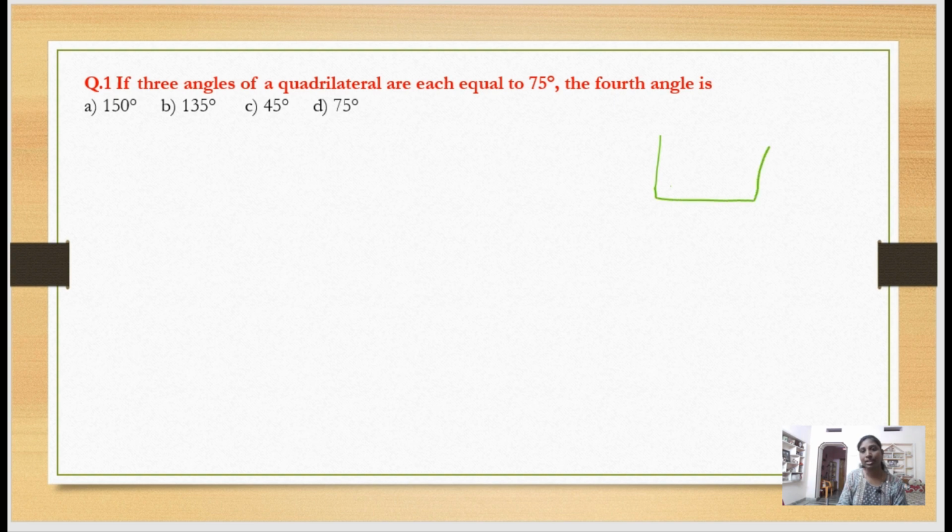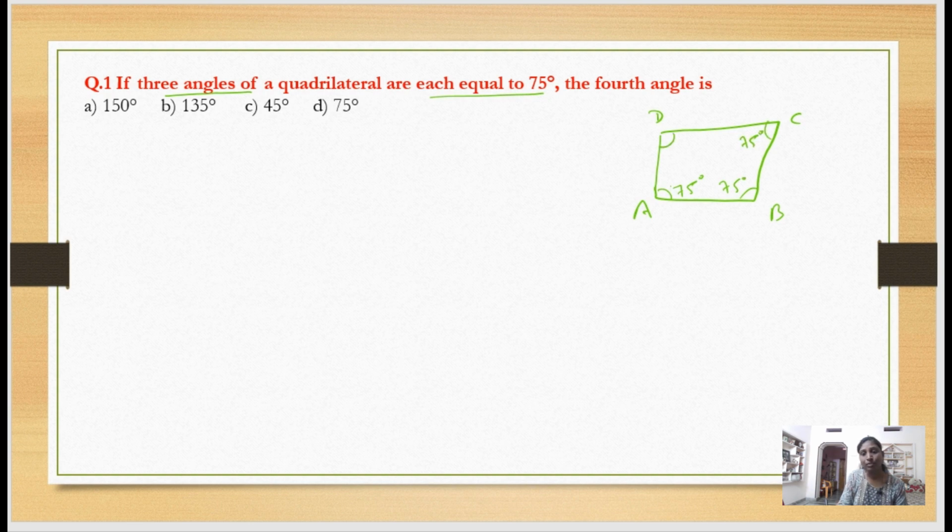I have a quadrilateral in this way: A, B, C, D. Okay, here it is given that three angles of a quadrilateral are each equal to 75. Means what? Here any three angles you can take as 75. Suppose I take this is 75 degree, this is 75 degree, this angle is also 75 degree.